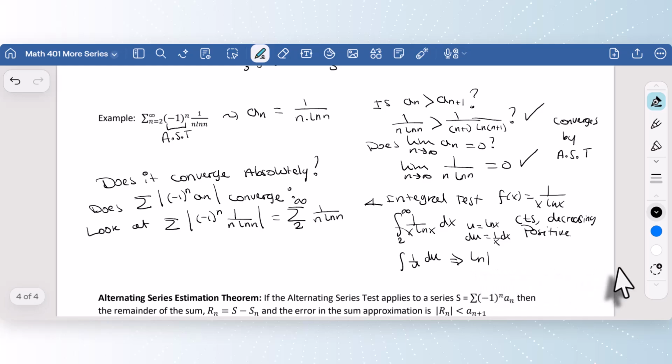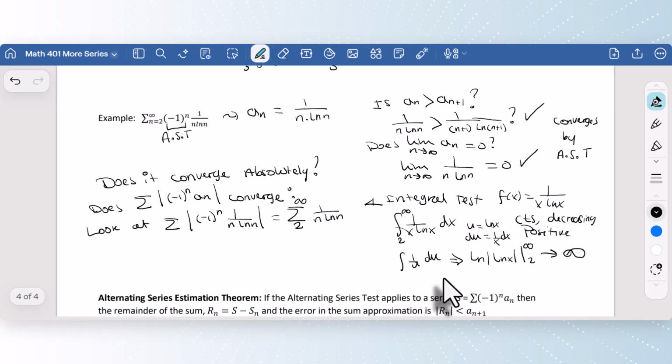I'm going to cut some steps here. u was ln of x, from 2 to infinity. Notice that since this is going to infinity, ln of infinity is infinity, and then ln of infinity again is still infinity. So this is going to go to infinity.